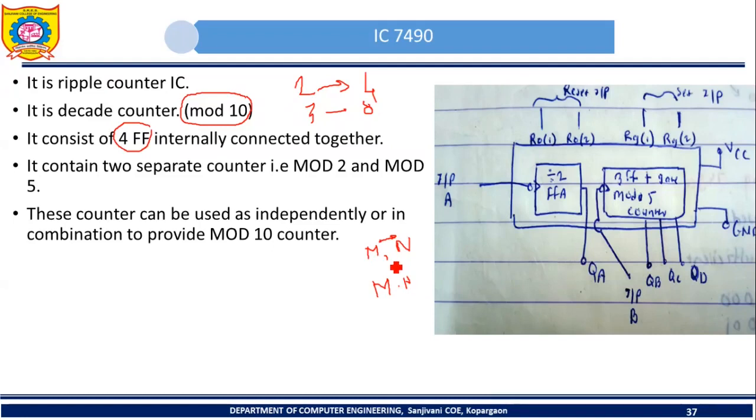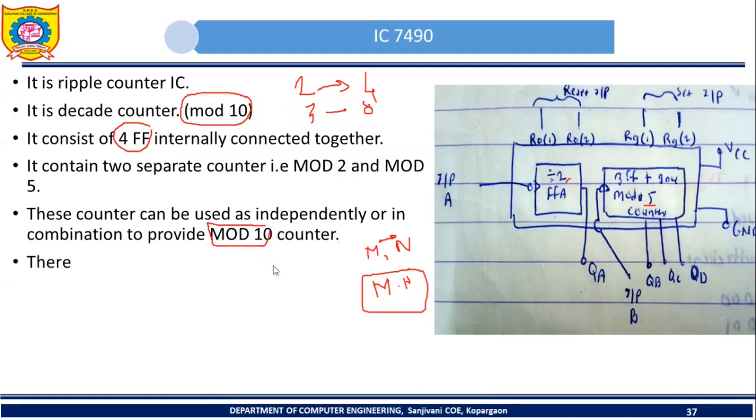After cascading these two counters, we will get a counter which will have m into n states. The resultant counter can be considered as a mod m into n counter. If we see this example, this is mod 2 and this is mod 5. If we combine them, then the resultant counter will be 2 into 5, that is mod 10.